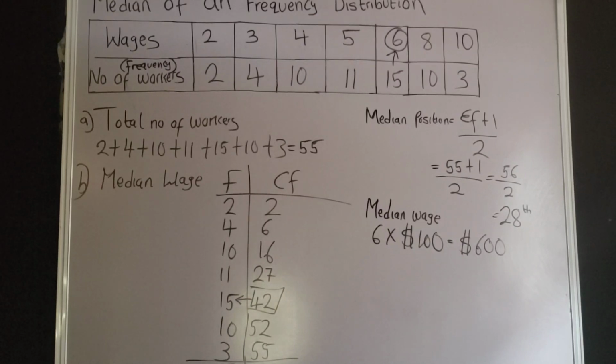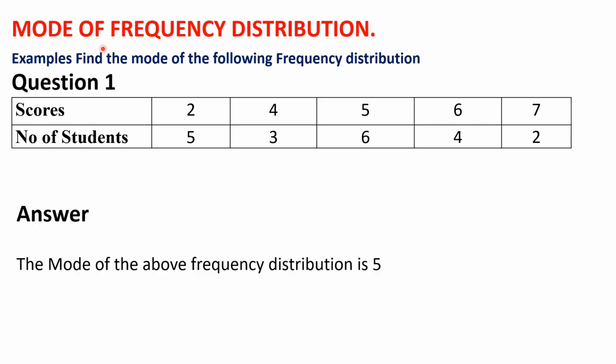Now let us proceed to the mode of the frequency distribution. Okay, now how do we find the mode of a frequency distribution? Look at this question 1. We have the scores and the numbers of students. Now, what is the mode of this frequency distribution? In order to determine the mode of a frequency distribution, you have to know the meaning of frequency.